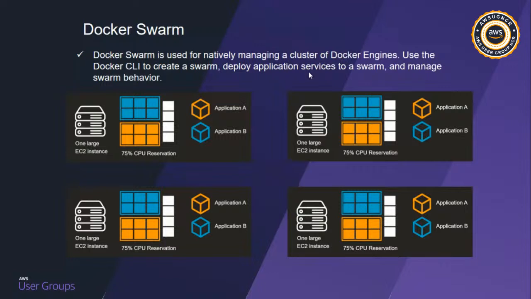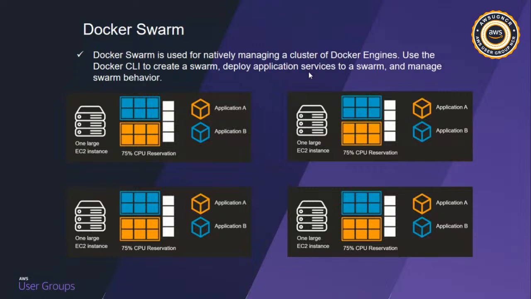In the same way, there is a tool natively provided by Docker, Swarm, with which you can set up Docker on multiple systems. Like if you have two different laptops, you can set up individual Docker on them, and you can set up a Swarm to make one of those laptops a master node, and from that master node you can deploy your Docker containers on any of those laptops.